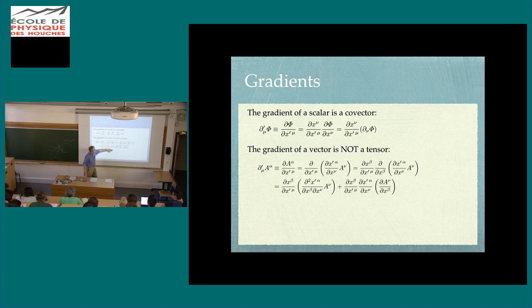And I get two terms. Now this term looks right. That's what the tensor transformation law ought to be. But this term is extra. Can you see that? And that's a problem.